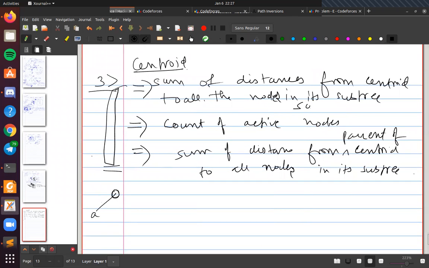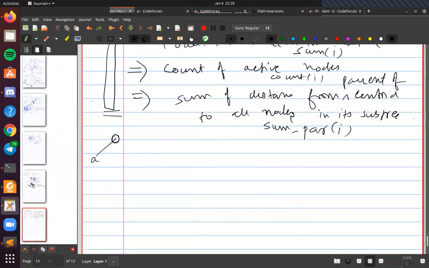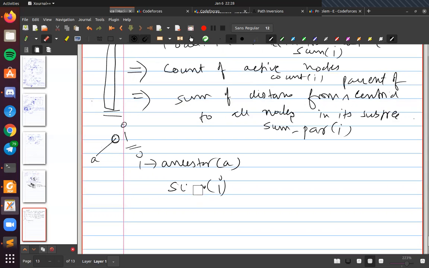Let it be sum of I, let it be count of I, and let it be sum to parent, sum_par of I. So for each node I which is an ancestor of A, add sum of I minus sum_par of the next child of I.